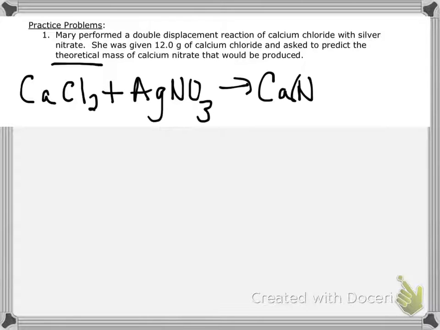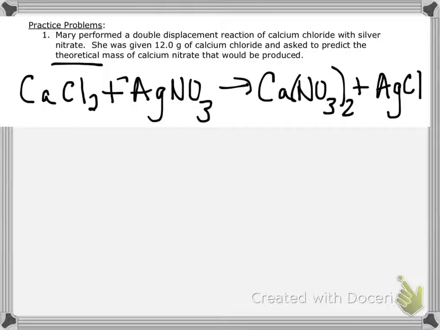I want to write my formulas correctly, so I go back and check to make sure that all of my compounds are written correctly before I balance the equation. It looks like all of the parts of my equation are written correctly, and now I'm going to balance it.